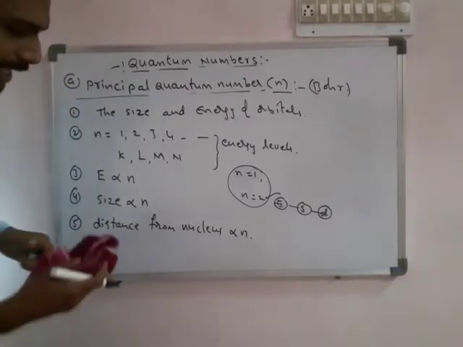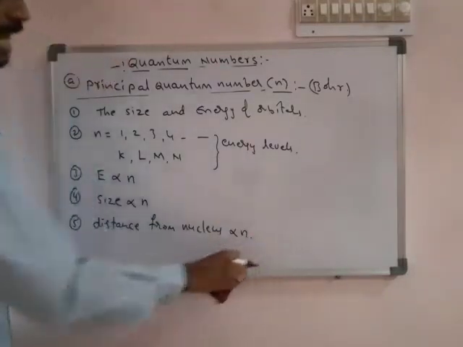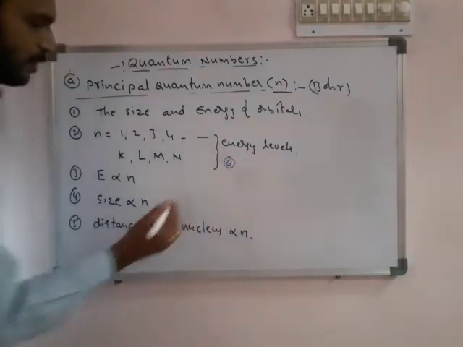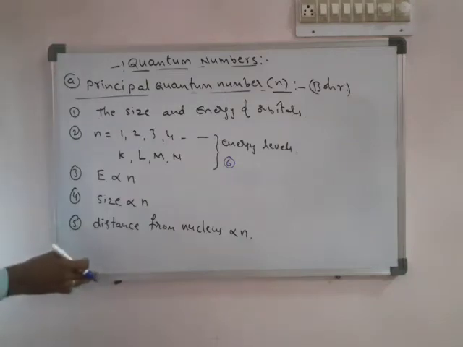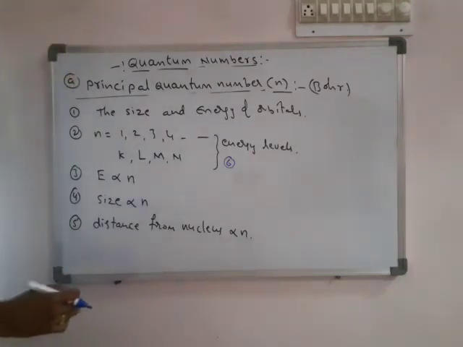Okay, so by knowing the n value, there is another important factor. By knowing this n value, we are able to calculate the number of electrons in a shell.